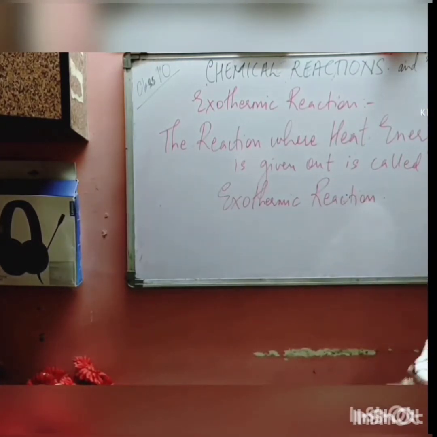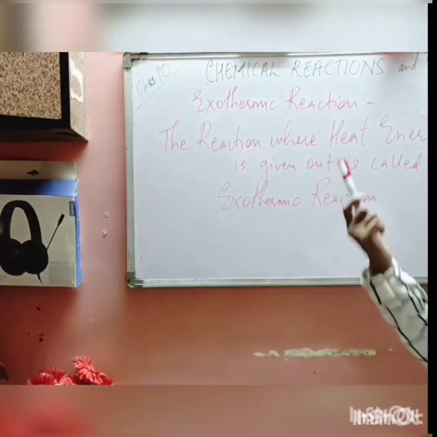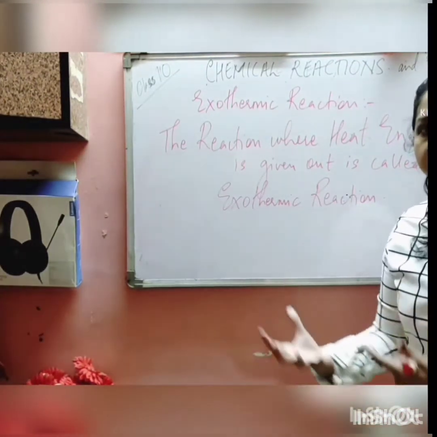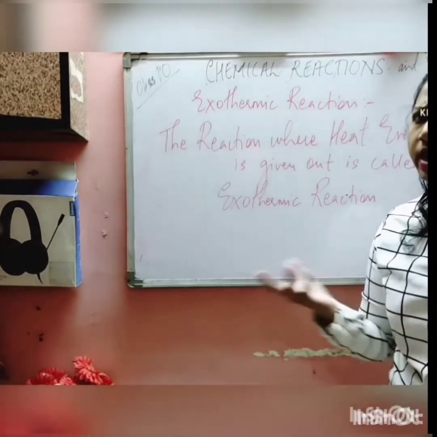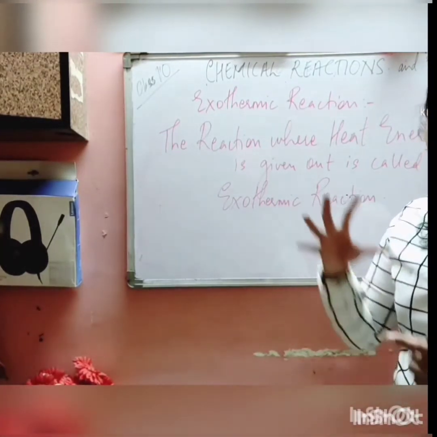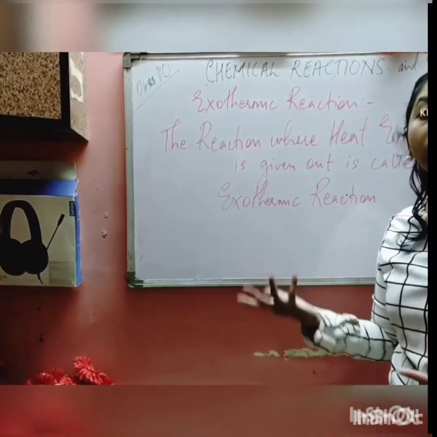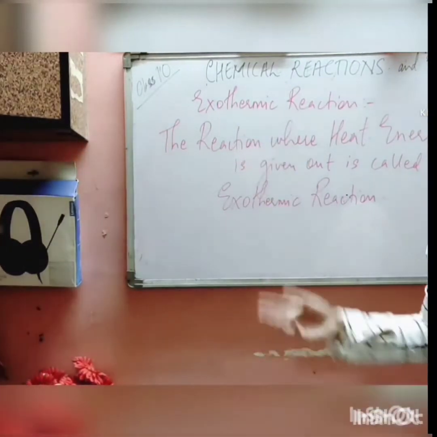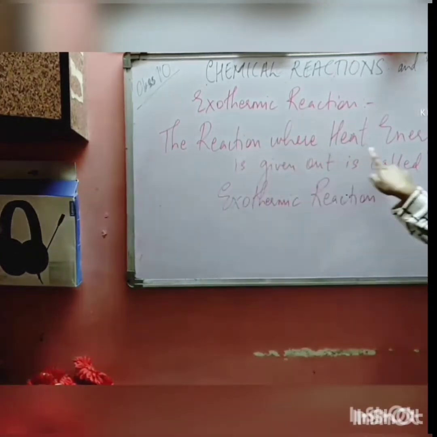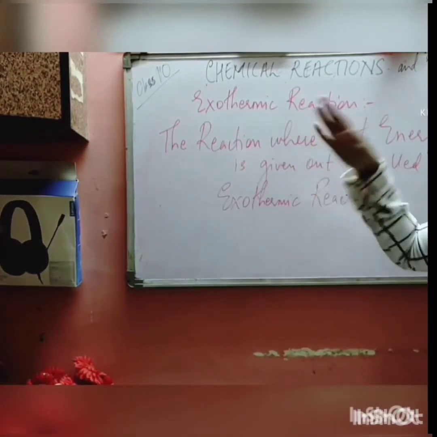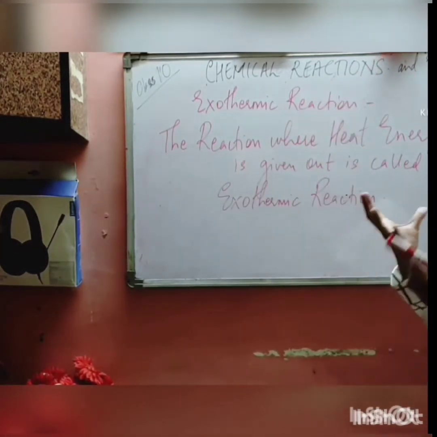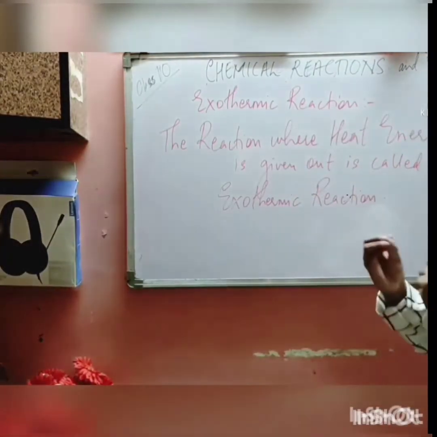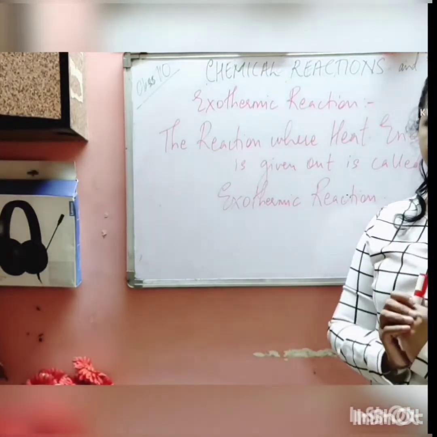What I said, all the reactions which we have seen are giving out what? Heat energy. That means those reactions are exothermic reactions. What is an exothermic reaction? The reaction where heat energy is given out is also called an exothermic reaction.